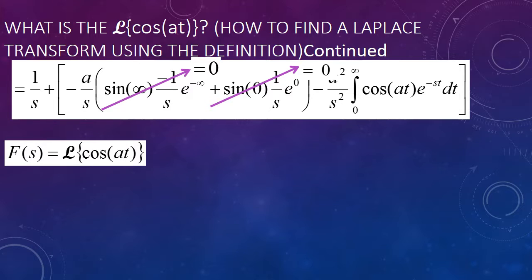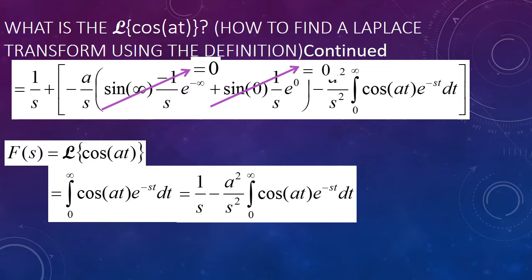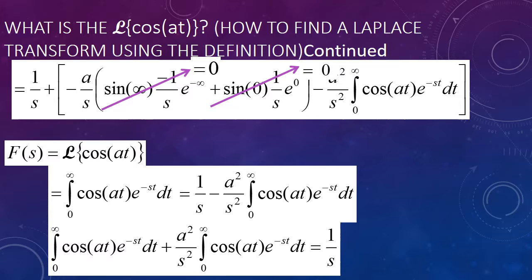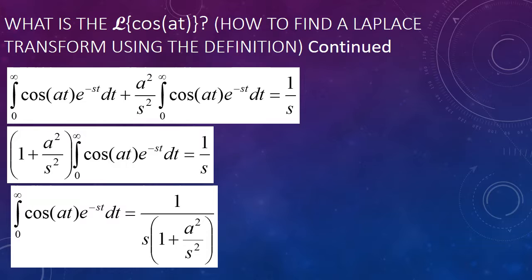And what we come up with is that we originally started out with the definition of the Laplace transform of cosine of at, and we find out that that is equal to this expression, the 1 over s minus a squared divided by s squared times the same integral. So if we do some algebra and move them around, I can factor out our integral, and we can find an answer for the integral to be this.